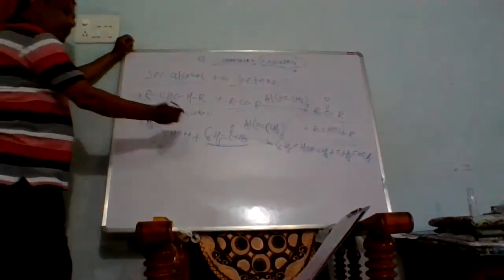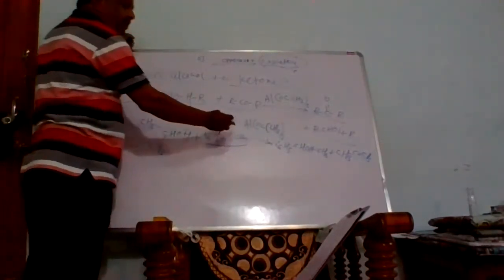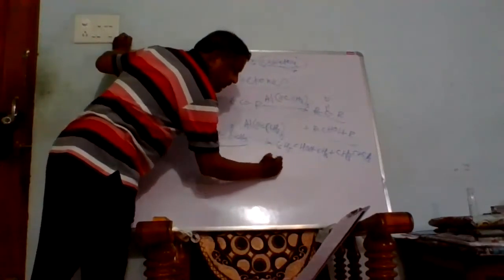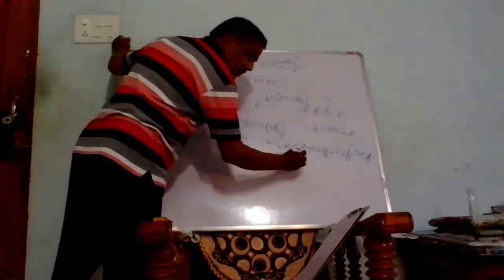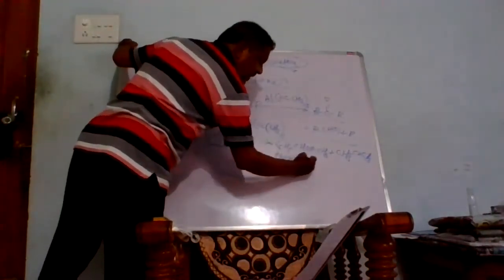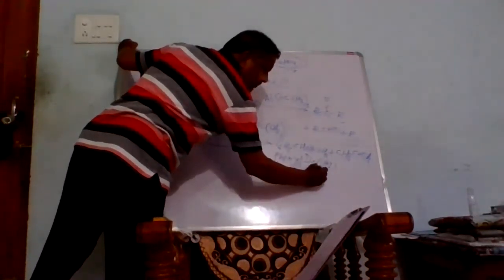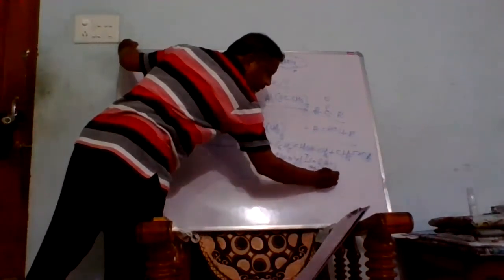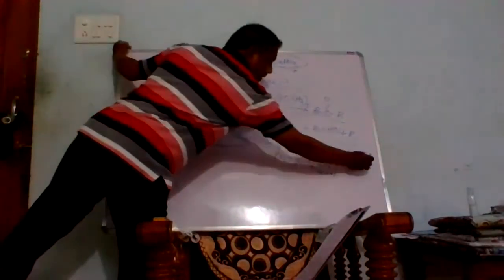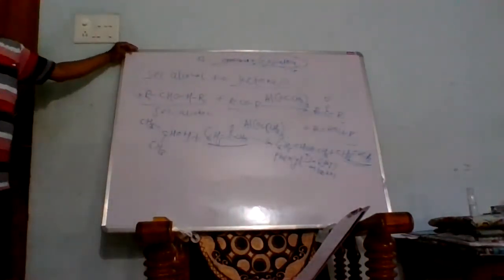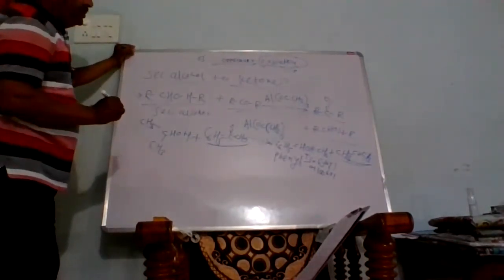Isopropyl alcohol and acetophenone, in the presence of aluminum tertiary butoxide, give phenyl methyl carbinol, that is, 1-phenylethyl alcohol, plus the main product acetone. This reaction is known as the Oppenauer oxidation.